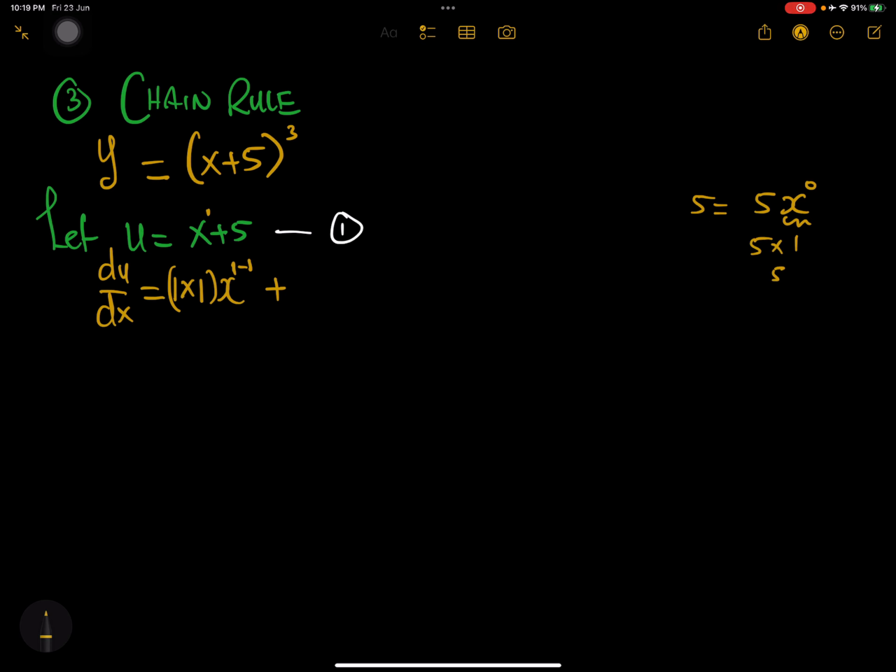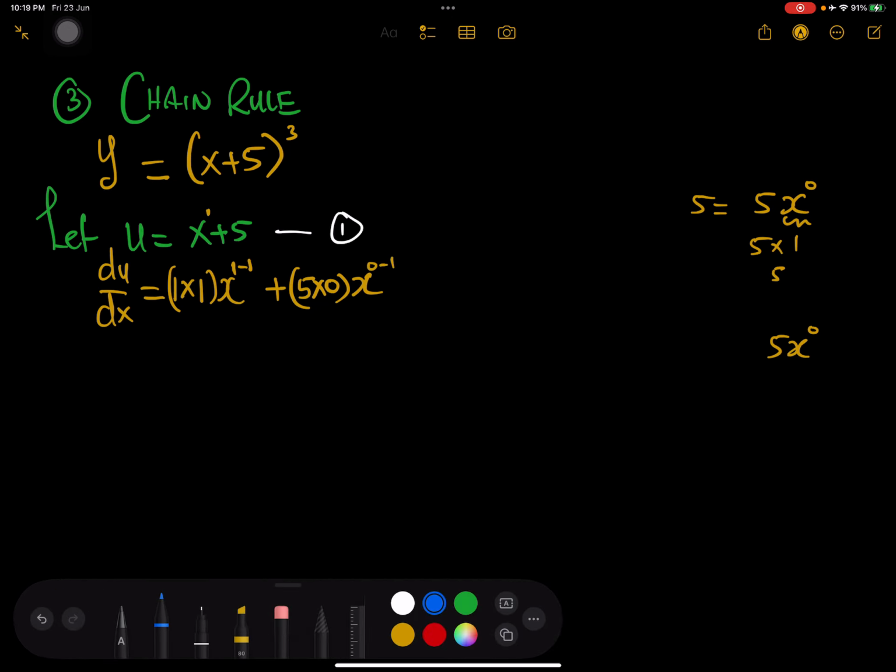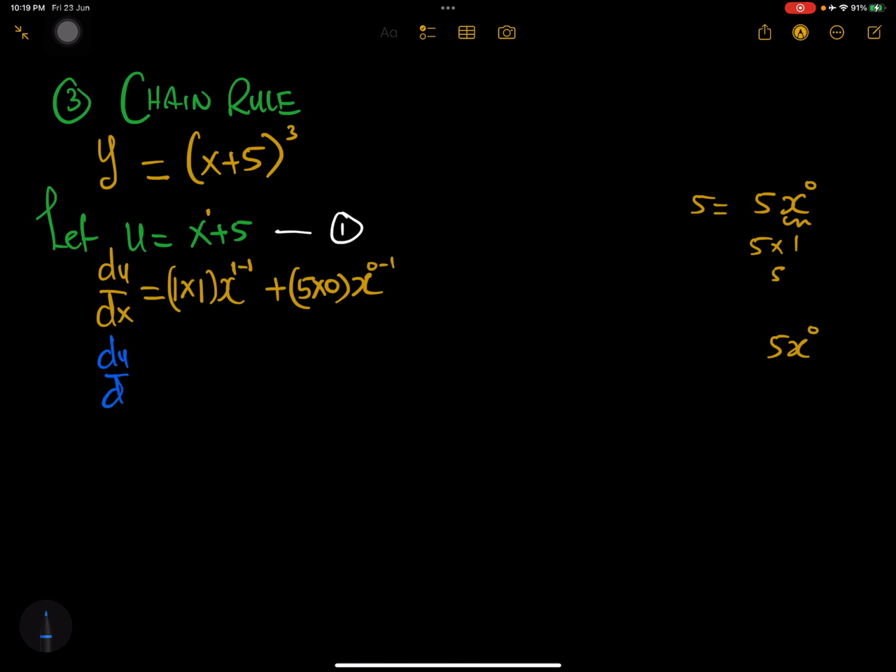So we can write that as 5 multiplied by x to the power 0. But we're going to multiply the 5 by the 0. We're using the first rule. And then we're going to take 1 from the exponent of the 0, which is going to be 0 minus 1. And because of that, we end up getting du dx to be equal to 1x to the power 0 plus 0 multiplied by x to the power negative 1.